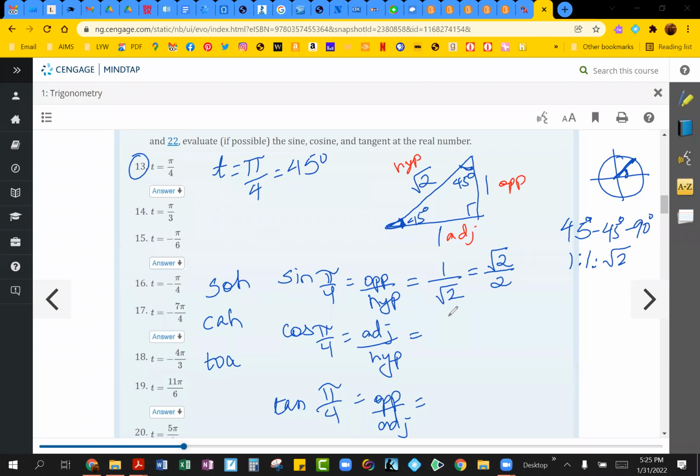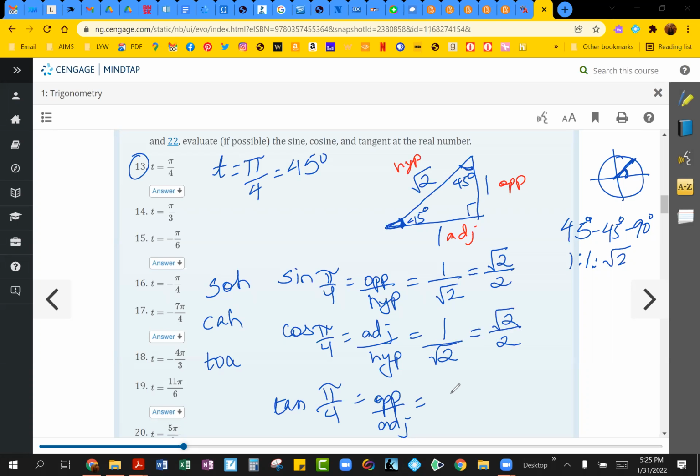This is square root of 2 over 2 again. Yeah, because obviously your angles are the same angle, and then that ratio still comes out to be the same. Yeah, very nice, Melanie. Andrew, I understand, not a problem. So the adjacent side is also 1. Hypotenuse is still square root of 2. So that ratio will also become square root of 2 over 2.